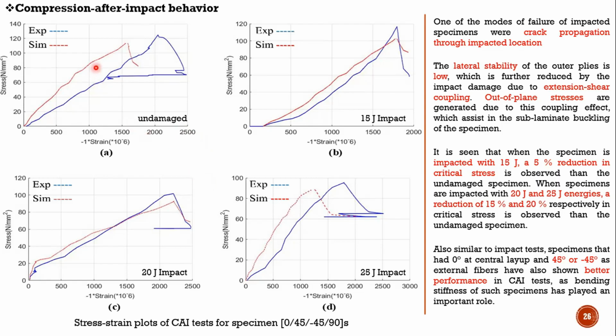Our FEA model and our experiments are not completely matching, there is some 5 to 10% error, but our maximum values are within range, like 5% error. That may be because of some experimental error, but we can eliminate it by refining the experiments.